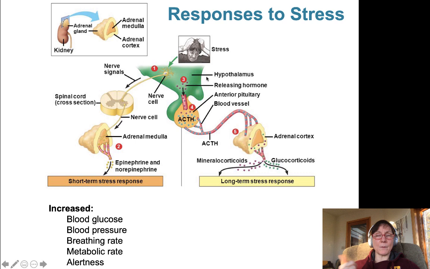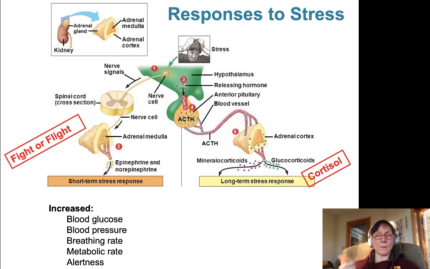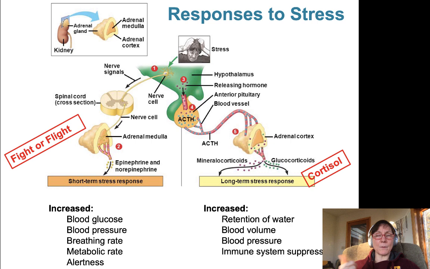However, if there is continued stress such that you're constantly responding in a short-term way, over a longer period of time, this can be quite bad for you, and it can cause an increase in your cortisol levels in your body, which ultimately will lead to the retention of water.